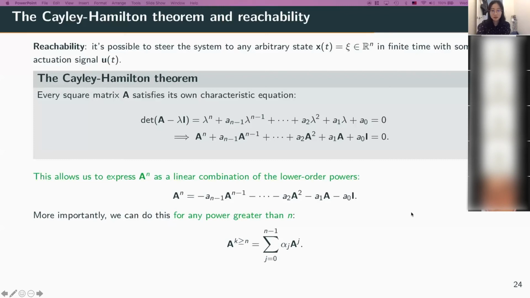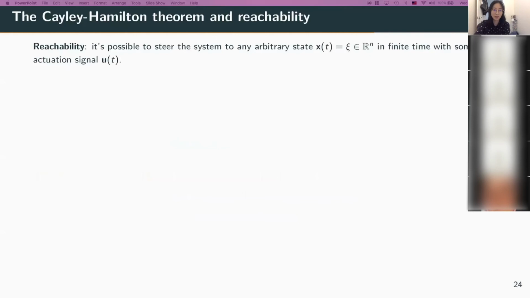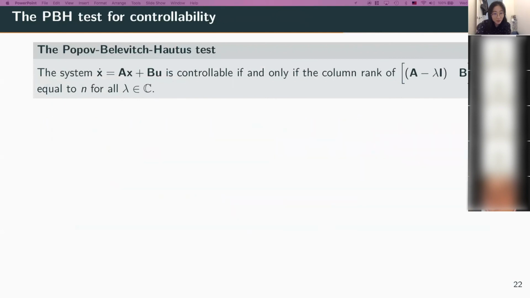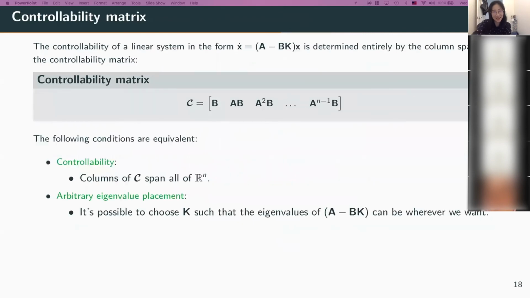Can I ask to review the contrast between the definitions of reachability and controllability? Right. Controllability is whether we can design a K matrix such that the system is stable, so such that the matrix here only has eigenvalues with negative real parts.